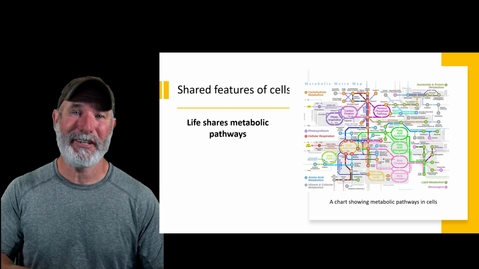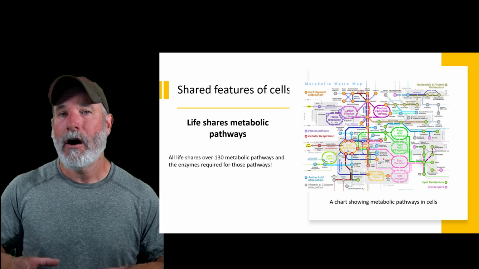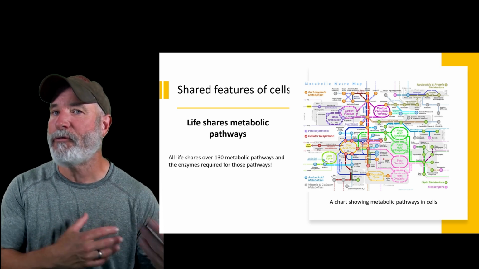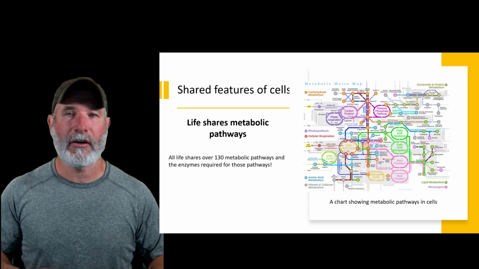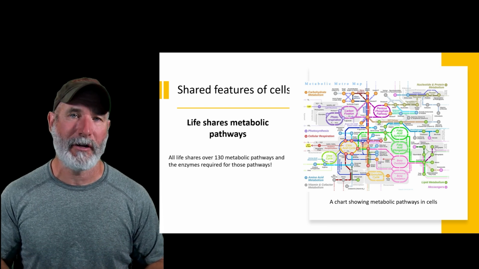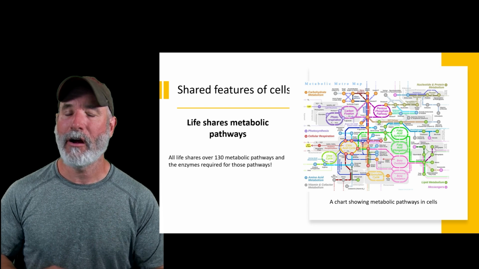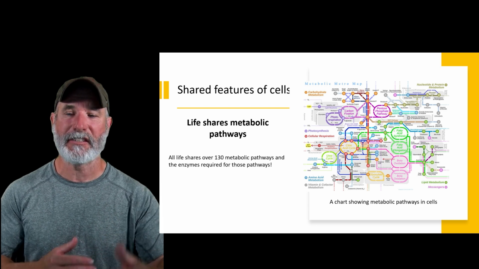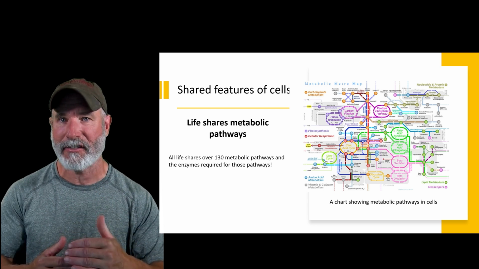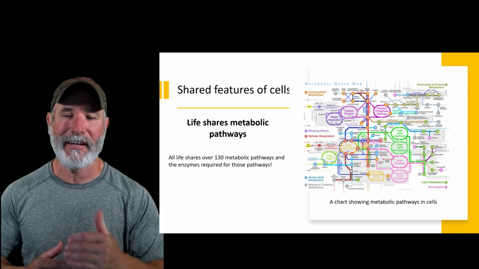Not only do we share the citric acid cycle, all in all, in some form or another, life shares around 130 metabolic pathways. And a metabolic pathway is like the Krebs cycle or glycolysis. It's a series of chemical reactions carried out by specific enzymes.